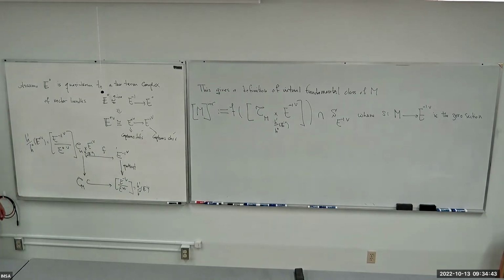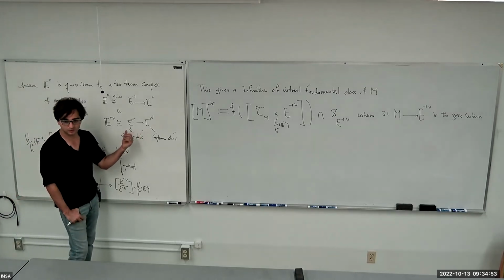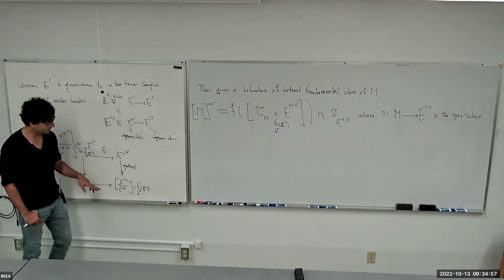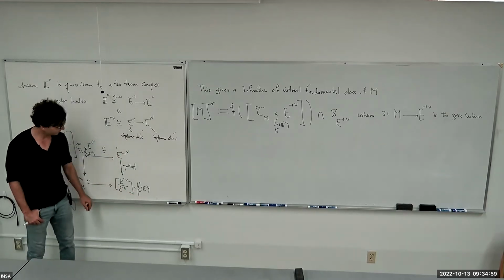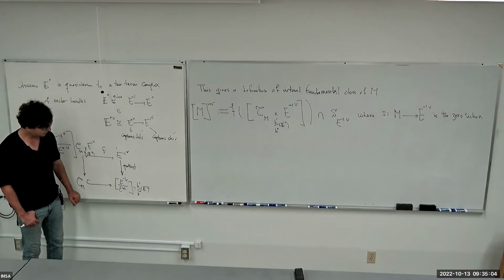So you would like to realize M sitting inside the obstruction bundle with compatible deformations. What would you do? Out of this complex, you construct that obstruction bundle. You dualize it, and you calculate H1 over H0 of the dual. That's the stacky quotient. Yes?